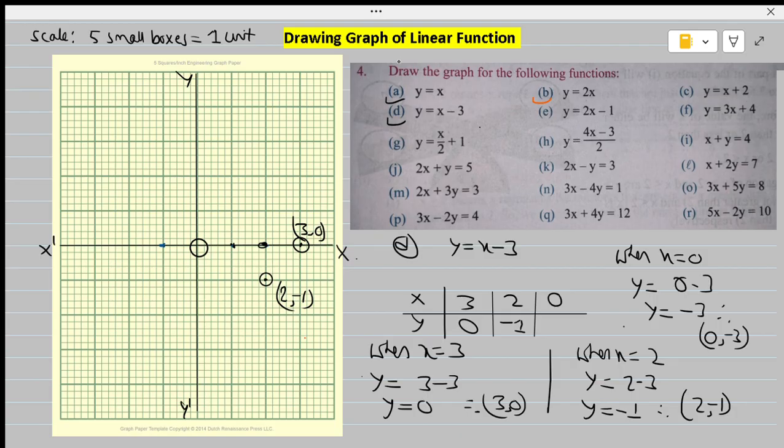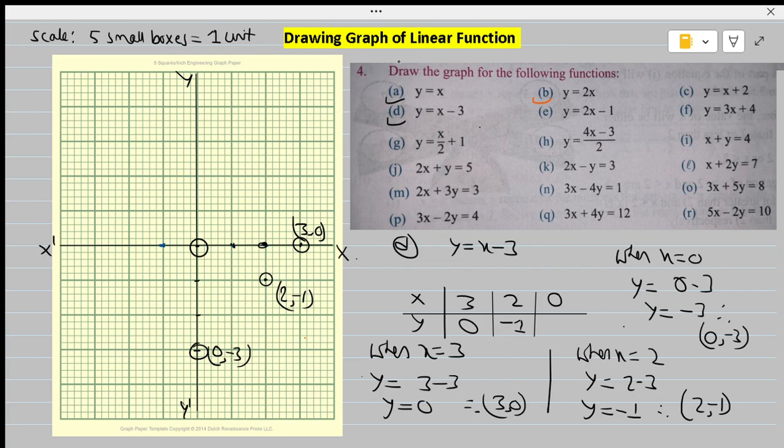And after that we have to plot 0 comma minus 3, so 0 is here at the origin for x, and then minus 3, so minus 3 means counting down, 1 2 3, so this is minus 3 for y. This point is 0 comma minus 3.